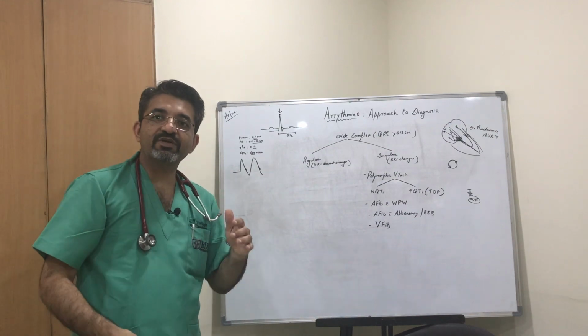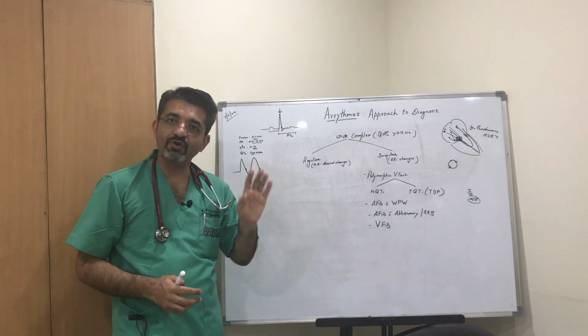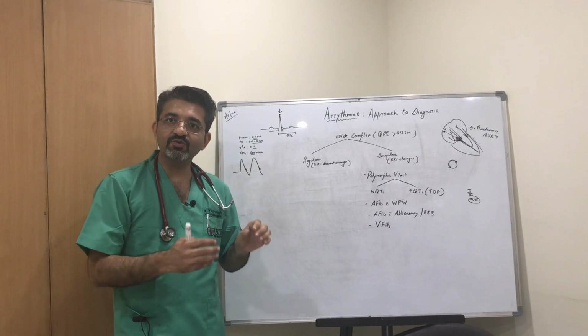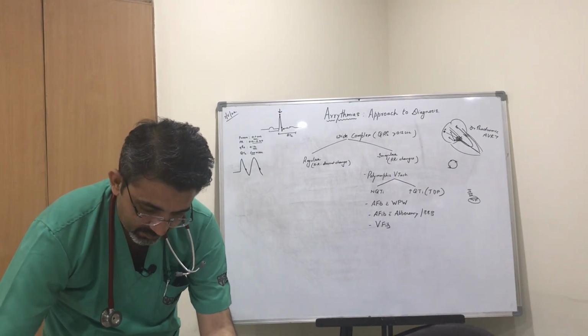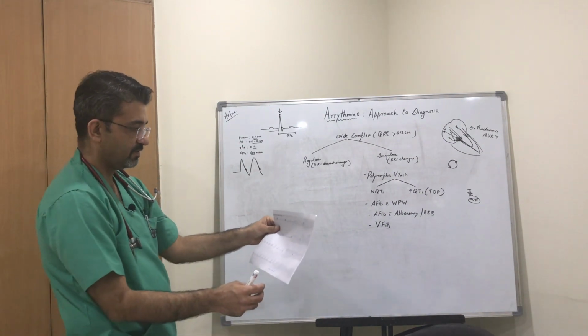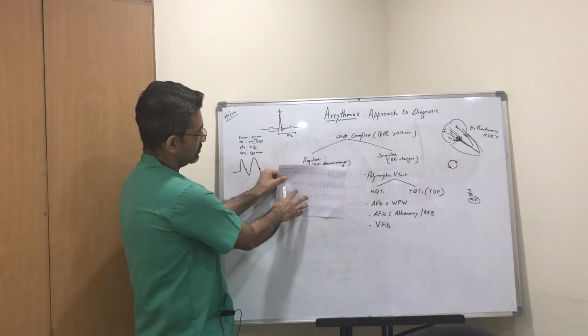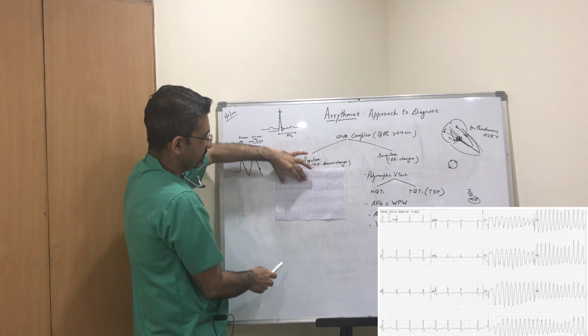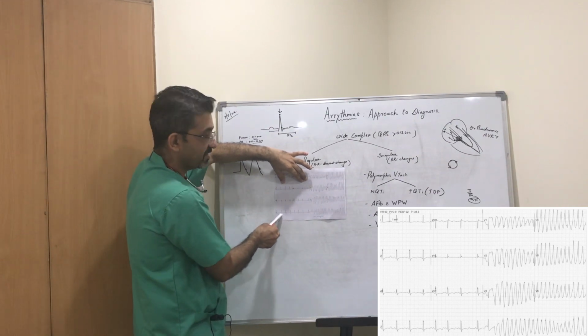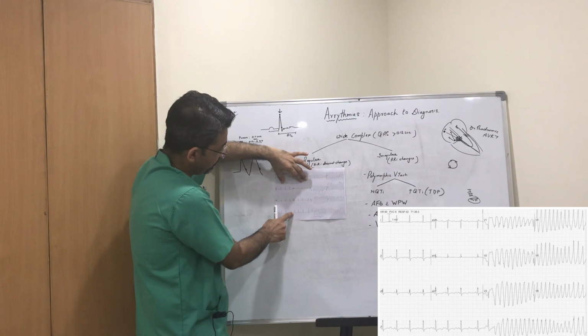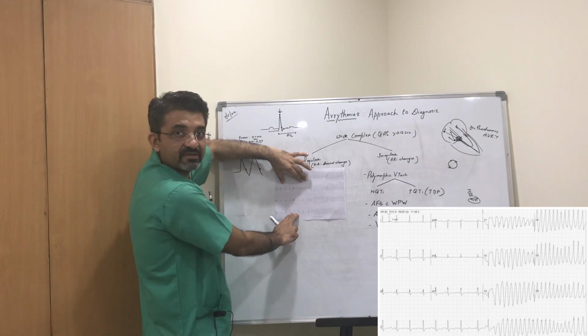But how to calculate QT, whether it was normal or not? So you need to have an ECG wherein you can show QT prolongation. See, generally you have a patient whose ECG is available. In this ECG, if we see, there is QTc prolongation.